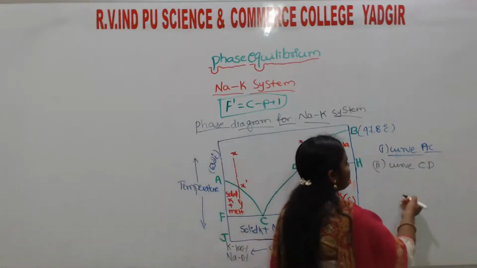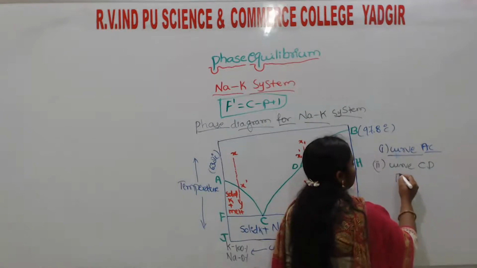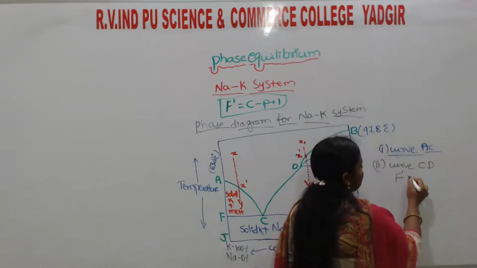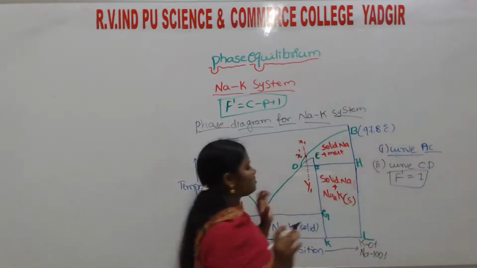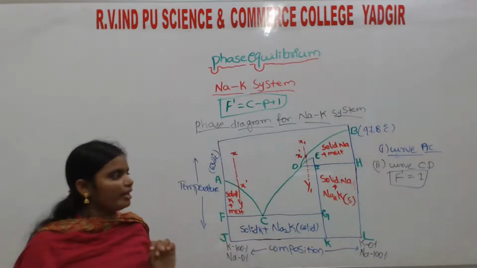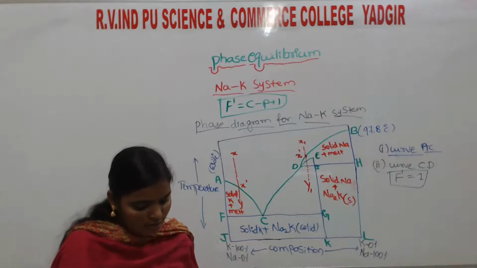Along this CD curve two phases are present, so F' equals 1, and the system is univariant or monovariant in nature.